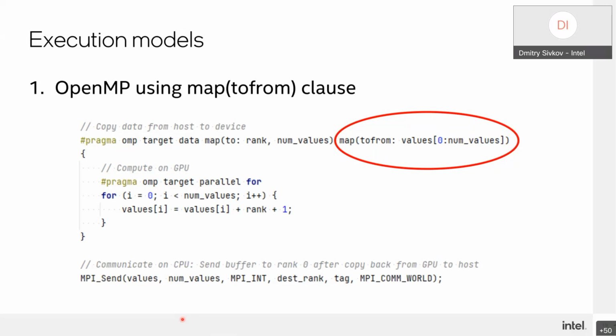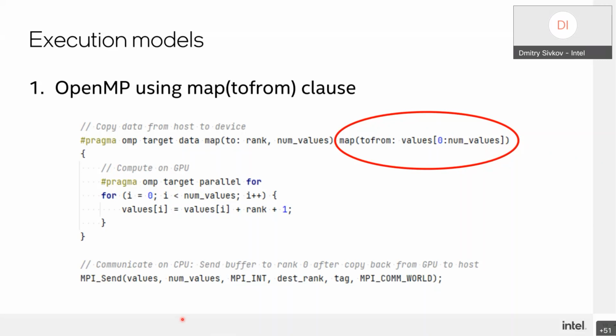With OpenMP offload, you can assign data to ranks, place some values on the GPU, perform some computations on the GPU, and then return the data back and communicate with MPI send. So send buffers are returned back from offload to different ranks. It is an offloading method, and this is a method for communication between hosts.